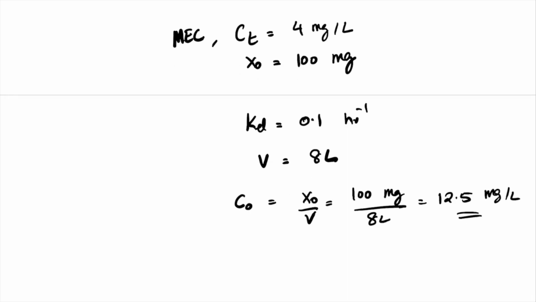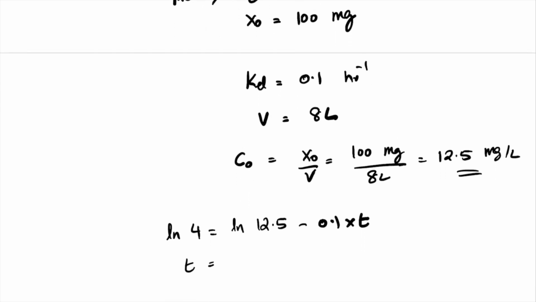Again, you can use a linear form of the equation: natural log of 4 is equal to natural log of 12.5 minus KEL, given as 0.1, times T. How long does it take for the plasma level to fall from 12.5 to 4? That's what we're trying to calculate. So solving for T: natural log of 12.5 minus natural log of 4, divided by 0.1.